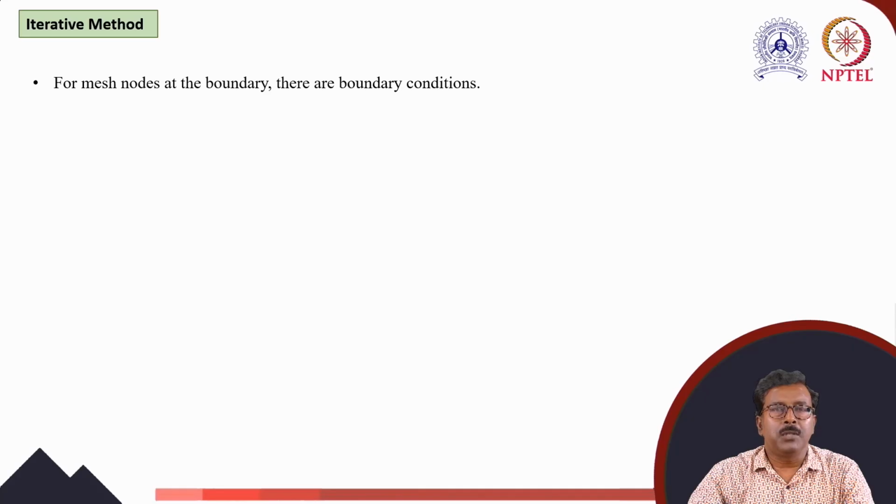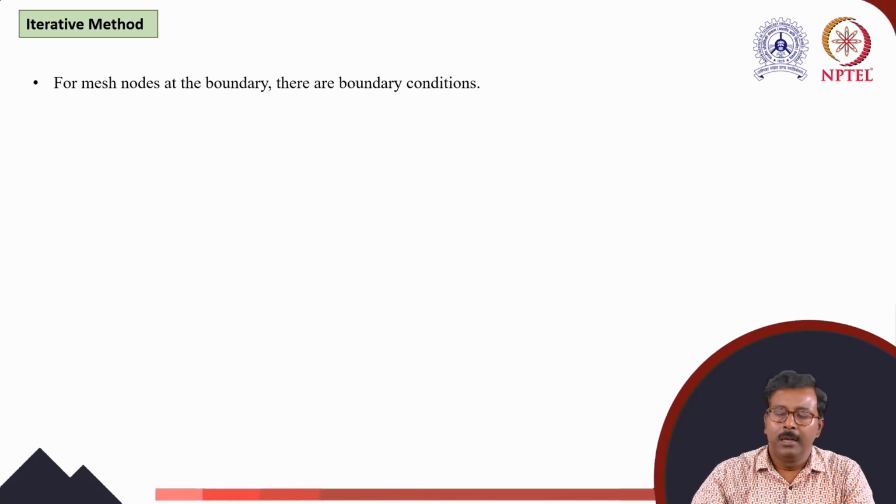So first we have to fix the mesh structure, that is, mesh nodes at the boundary and mesh nodes at the interior points. And if you have the boundary conditions for the nodes at the boundary, you don't need to have an initial guess for those. But for interior nodes, you have to guess the initial values.